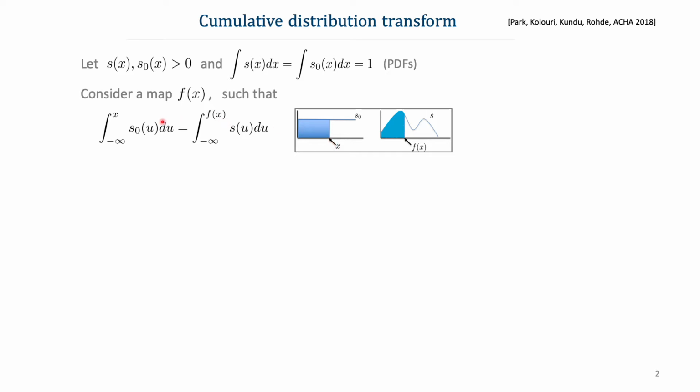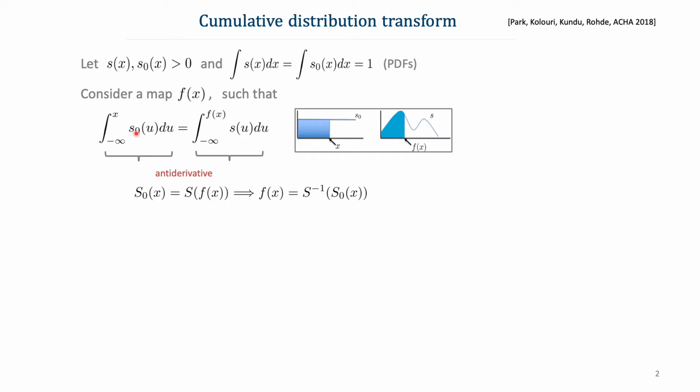So the way to write this with mathematical notation is that we have an integral over our S naught function, which we'll begin calling our reference signal, and it goes up to a certain value x. And then there's an equivalent integral over our signal s of x, but now you have to go up until f of x.